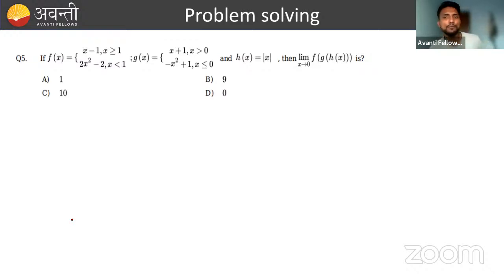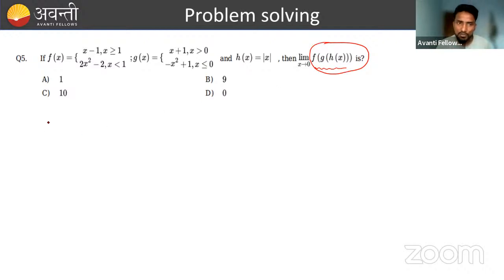What we have to do is find limit of x tending to 0, f of g of h of x, right? So one by one, first we have to find this function, and then only I can apply the limit formula. So just see, guys. For the composite, you must have an idea about composite function.